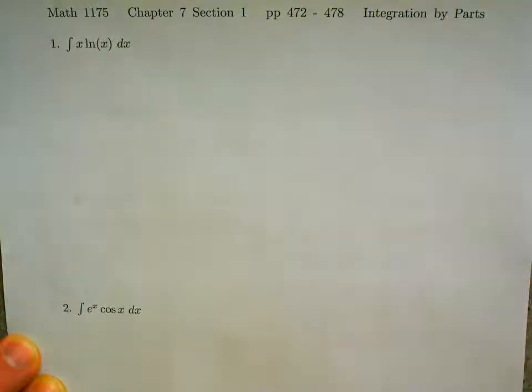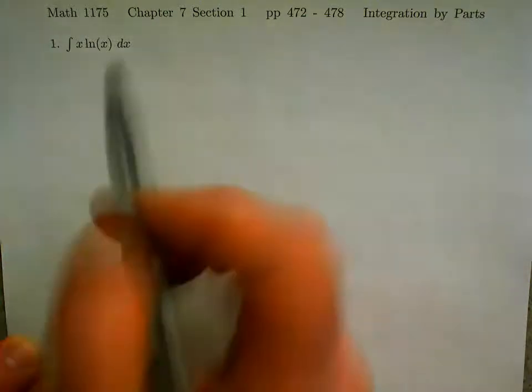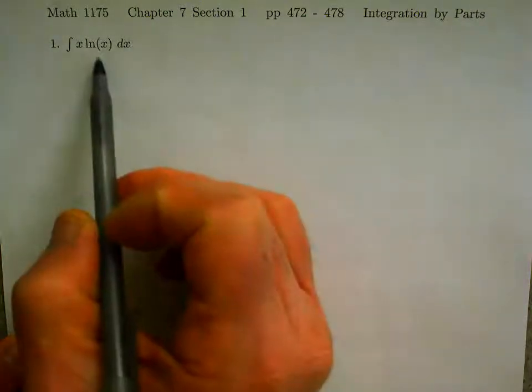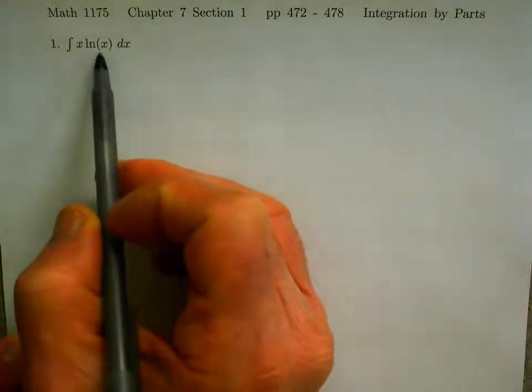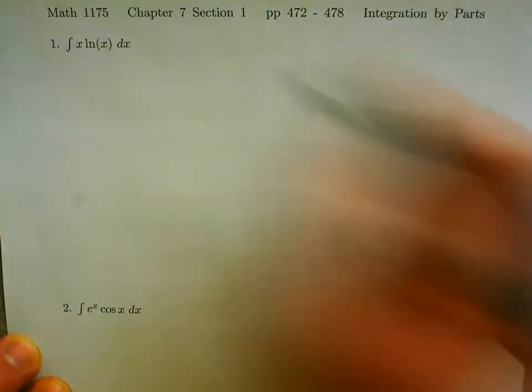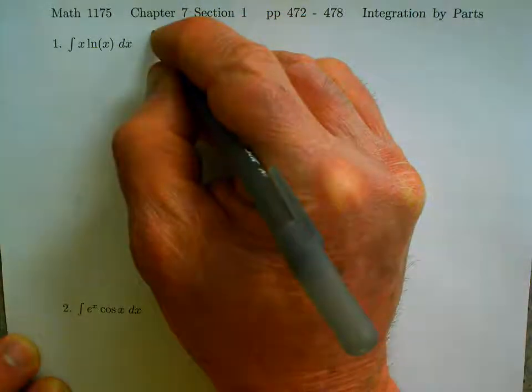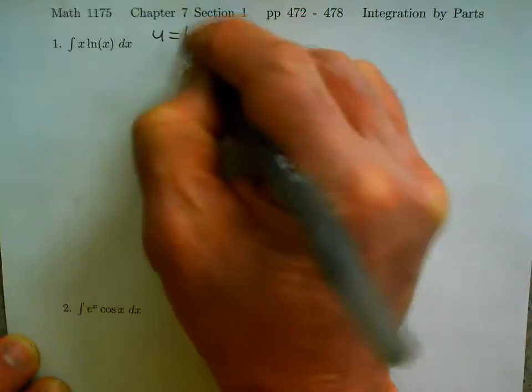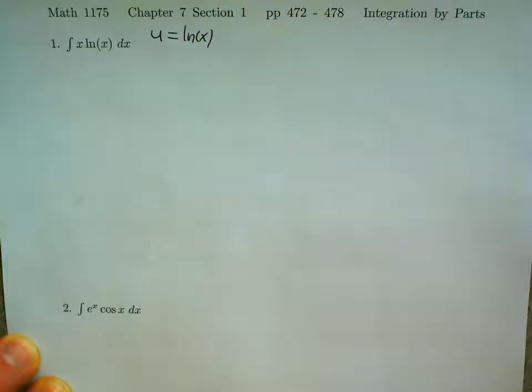Well, that's not quite as obvious, although a little bit later we will learn how to find an antiderivative of the natural log of x. So it looks as if it's going to be easier if I assign u to be the natural log of x, because we know what the derivative of the natural log of x is.